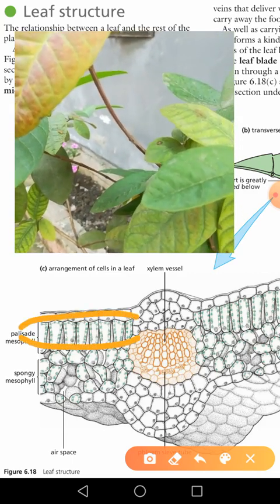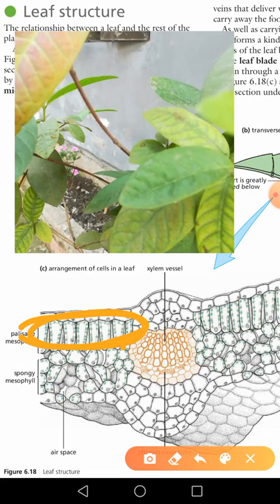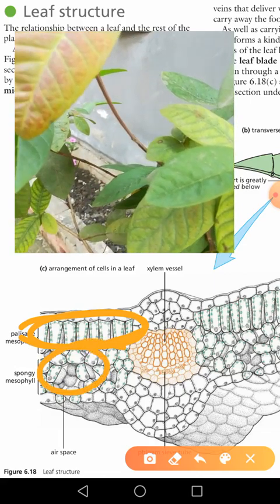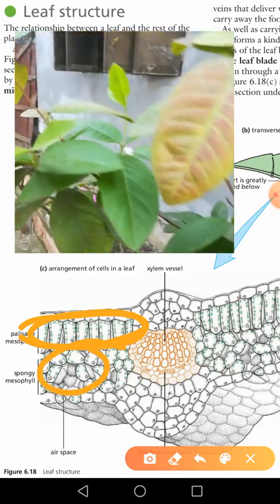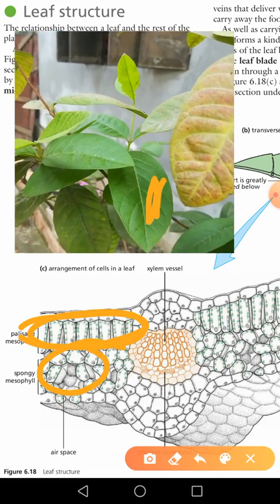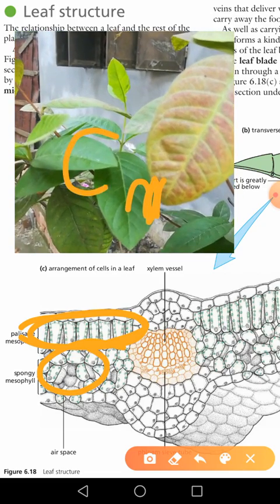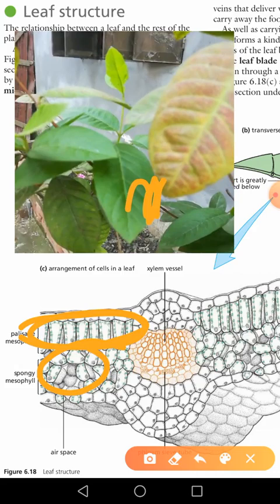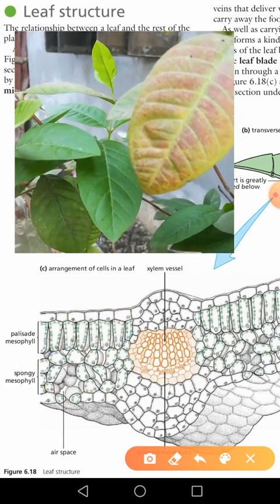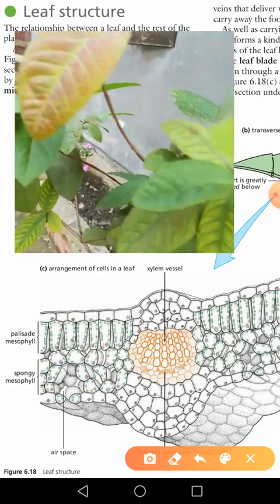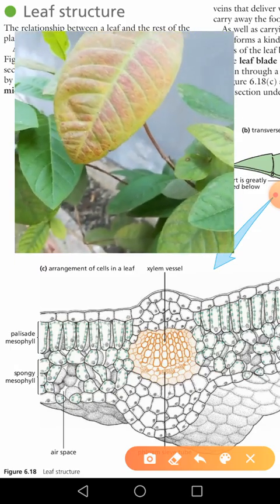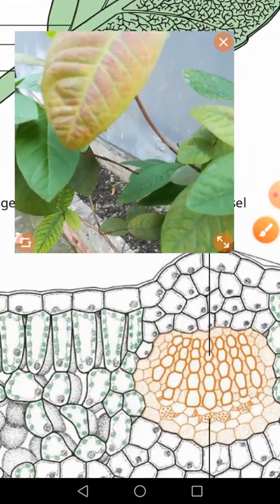These cells are working and these cells are also working. This working part of the leaf has a green color, isn't it? That means there must be a presence of chloroplast. Let's zoom it.